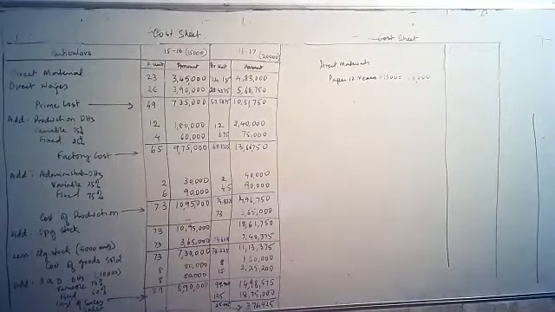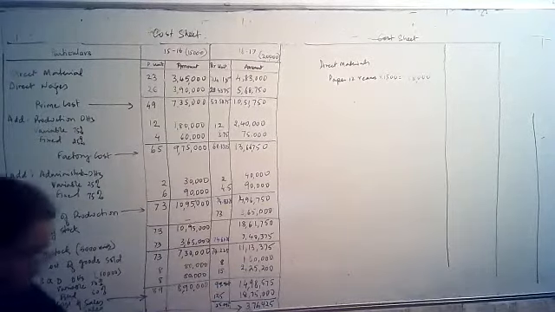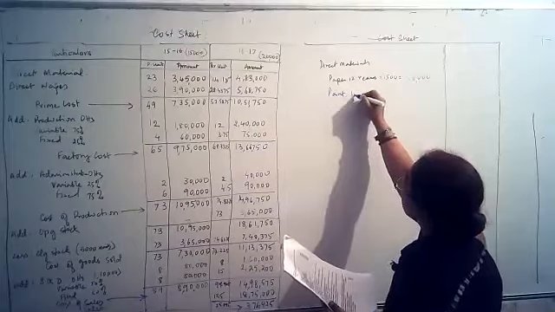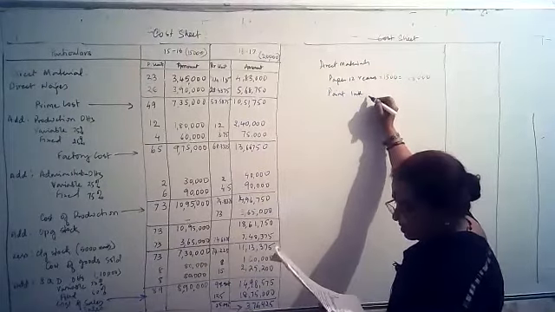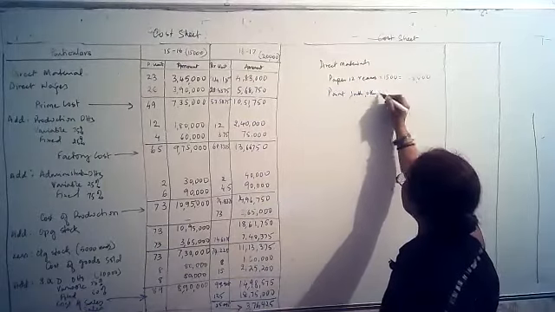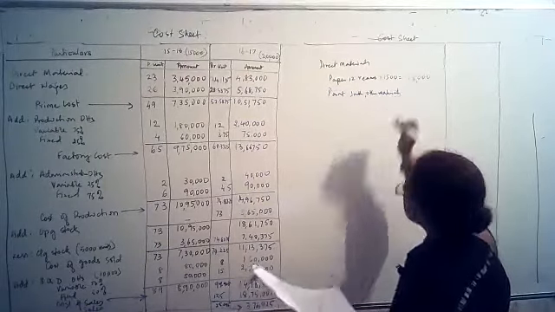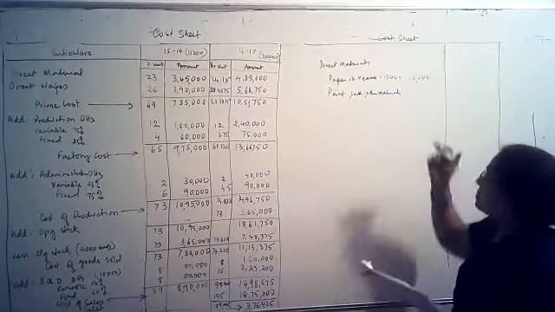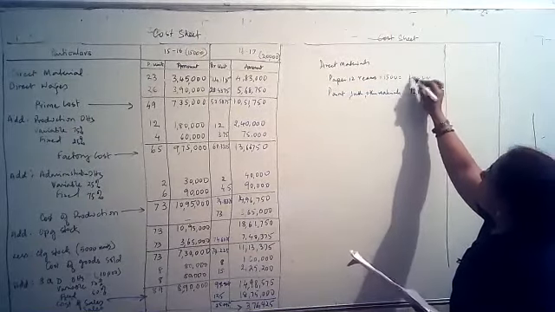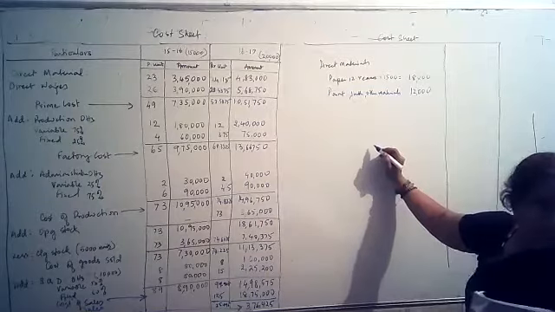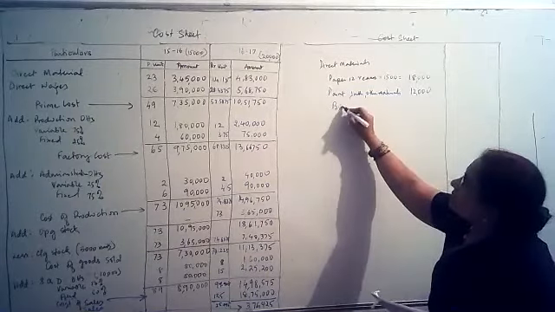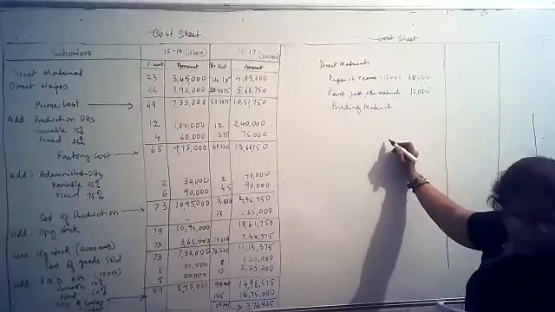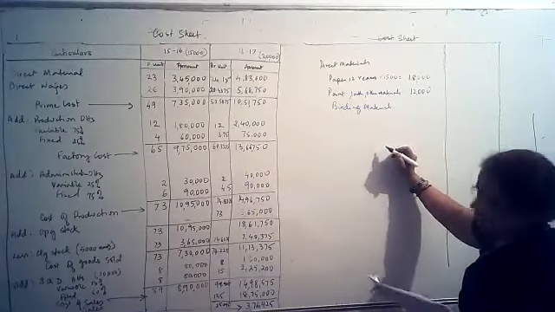Next is paint, ink, and other printing material. How much is it? 12,000. Next one, binding material and other consumables is 8,000.